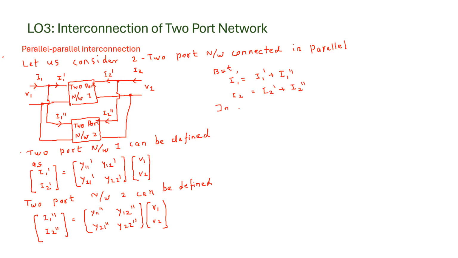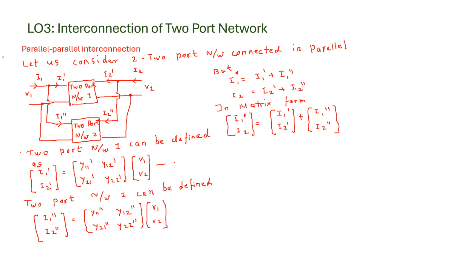In matrix form, you can write I1, I2 is equal to I1 dash, I2 dash plus I1 double dash, I2 double dash.